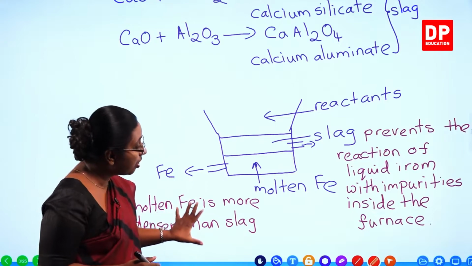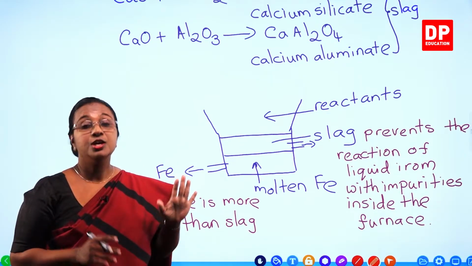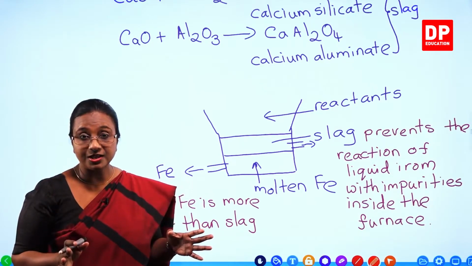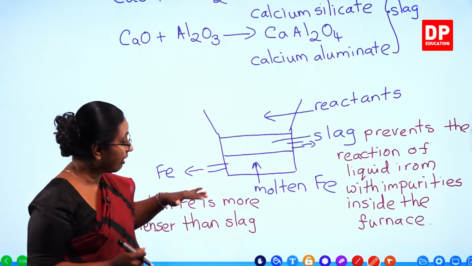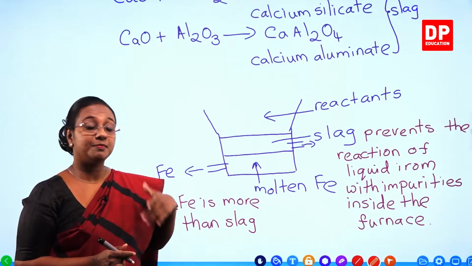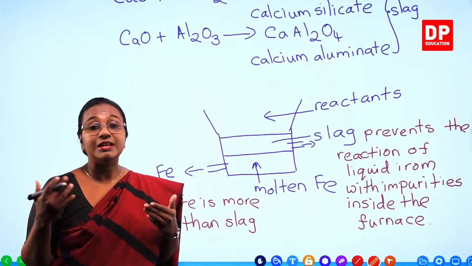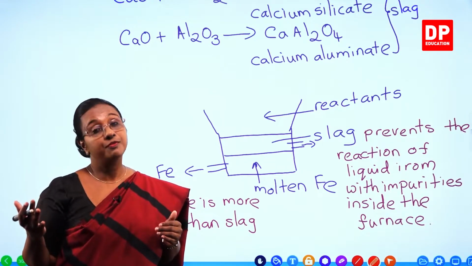So these are all the changes that are taking place inside the blast furnace. You have to remember all the reactions and why all these are necessary for us. And you have to remember this is the advantage of having slag. The slag being there, it actually helps to extract the molten iron in the pure form.